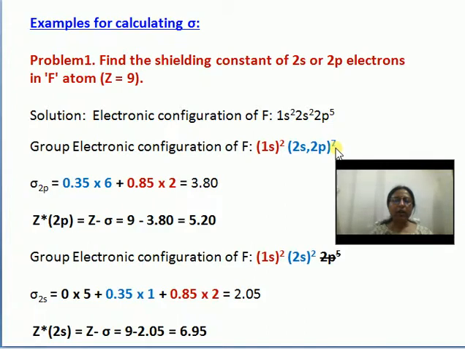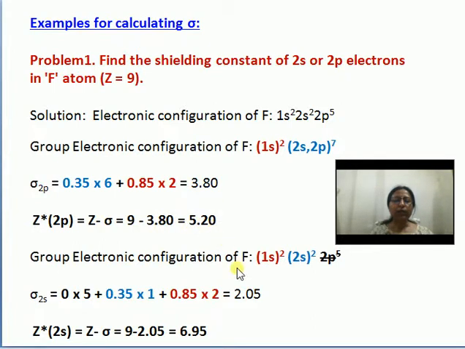The contribution from this part will be 6 into 0.35 and from this part 0.85 into 2, because this is the n-1 shell and this is the nth shell. The sigma value for one of these 2p electrons will be 3.80. So Z star on this 2p electron is Z minus sigma, that is 9, the atomic number of fluorine, minus 3.80, which is equal to 5.20.